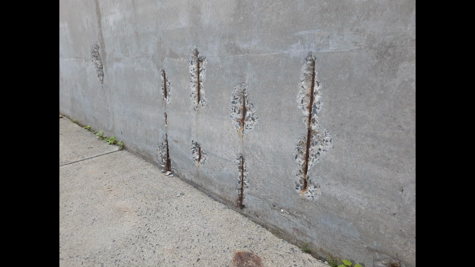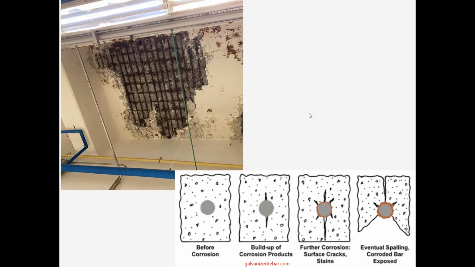I took this while I was walking around a local college campus here in the Albany area. And we know college campuses put a lot of de-icing salts on their walkways, and this is obviously right next to a walkway. So maybe those de-icing salts are getting thrown up against the wall and permeating into the concrete, and those chlorides are accelerating the corrosion.